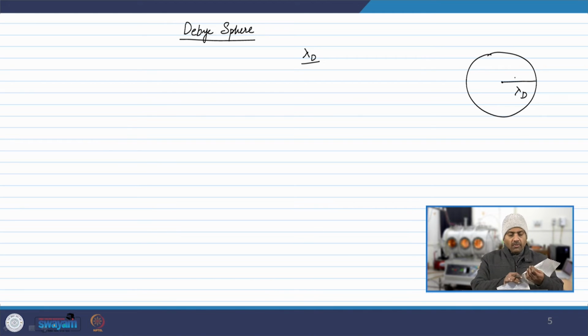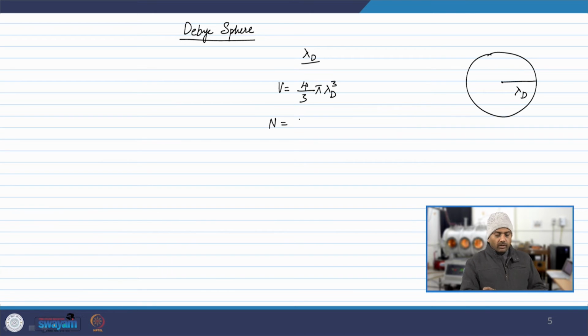What is the volume of this sphere with radius lambda D? The volume of such a sphere would be 4 by 3 pi lambda D cube. Now, if this is the volume, how many particles can exist within this Debye sphere? The number of particles inside the Debye sphere would be n naught, the density of plasma, multiplied by 4 by 3 pi lambda D cube.